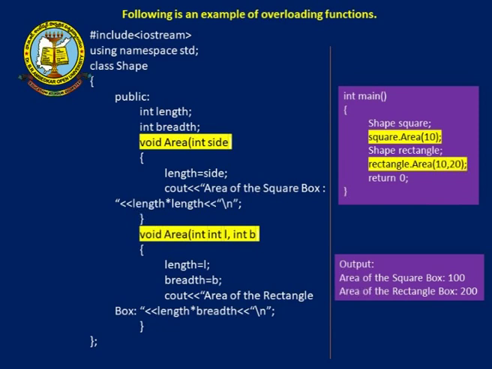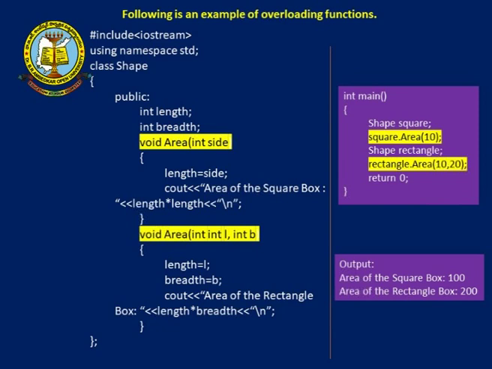And since there is a member function named area which accepts two integer type arguments, it has got one exact match for this function call. It will link this object with this function only, because we are passing two arguments and there is a function which accepts two arguments. So hence it has got the exact match for this function call.